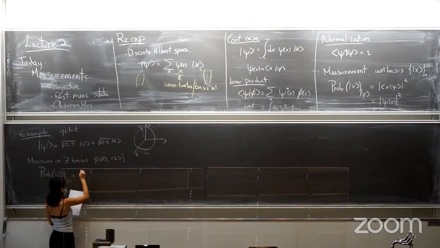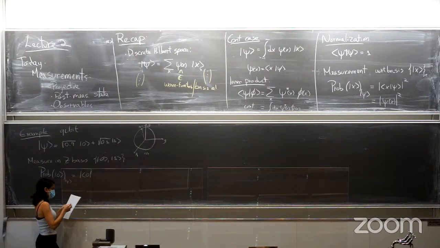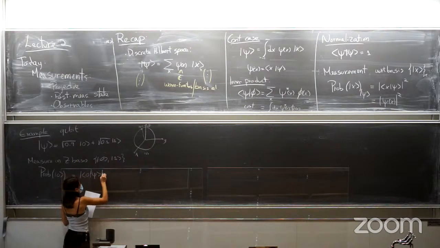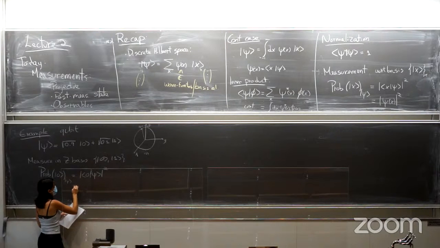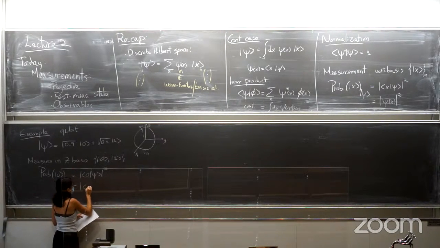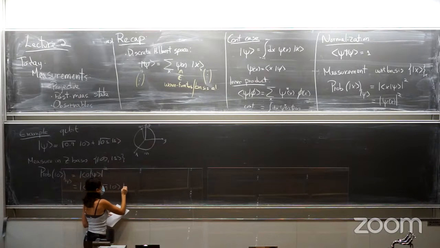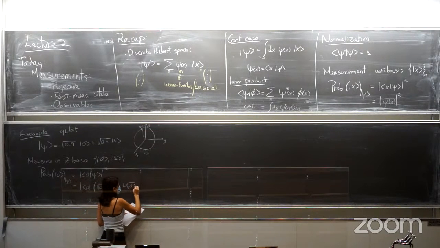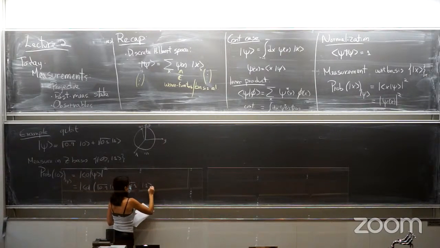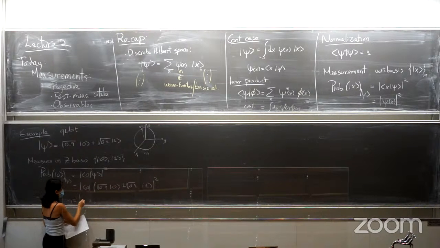You can read it directly because the state is already written in this basis, but we do it explicitly, so it's this inner product. And now let's expand this. So this is 0, and psi was what? Square root of 0.9 |0> plus square root of 0.1 |1>. And now it's just distributive, so it just goes inside.